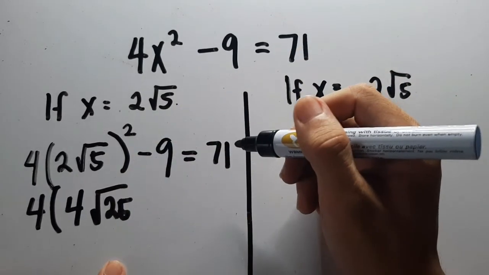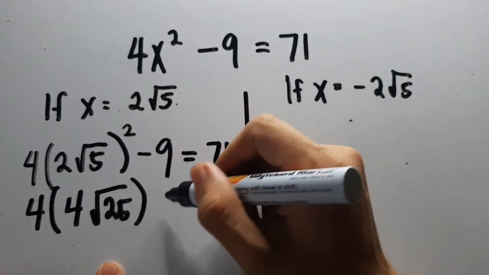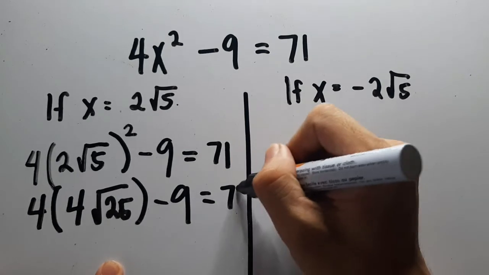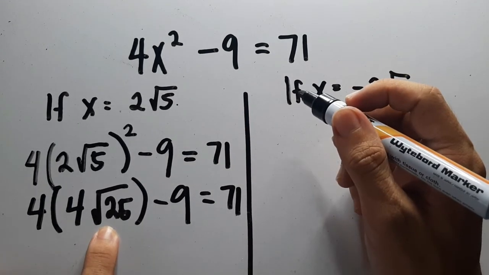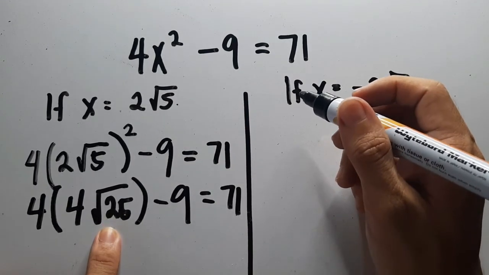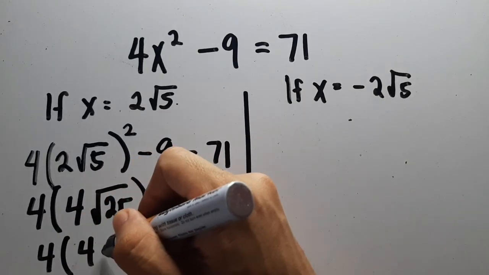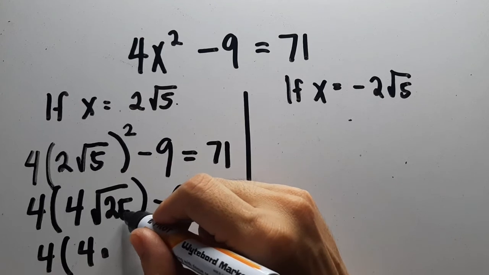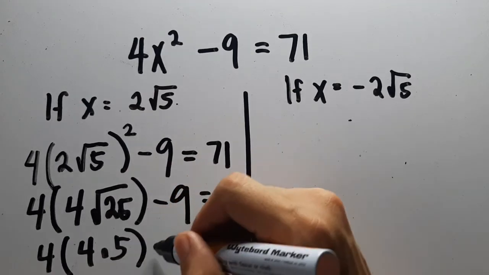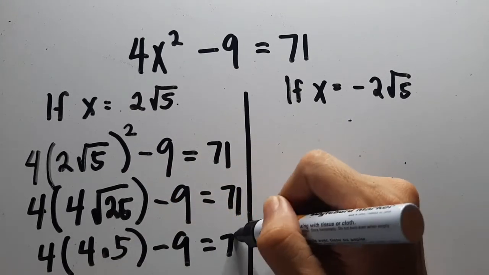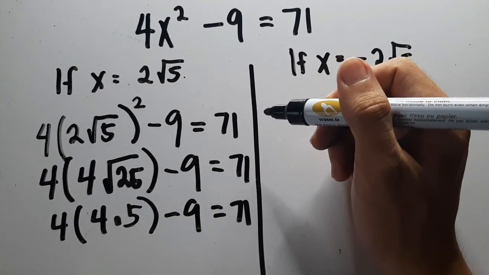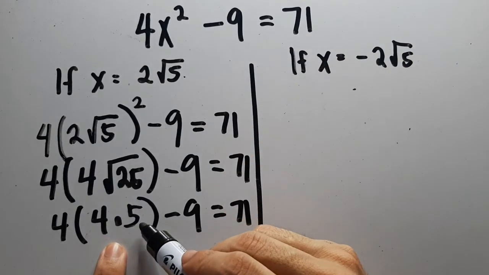So ito yung isang way na hindi tayo magka-cancel. So minus 9 is equal to 71. So square root of 25, meron siyang perfect square root, kaya ilalabas natin siya. So we have 4 multiplied by 4. The square root of 25 is 5 minus 9 is equal to 71. So ang gagawin natin, imumultiply natin yung dalawa.